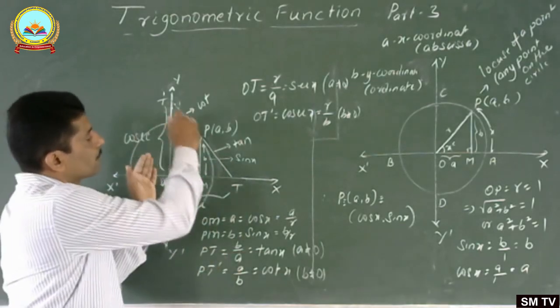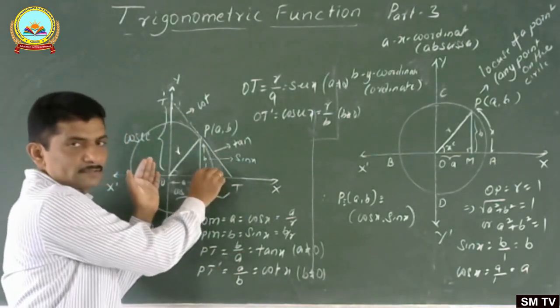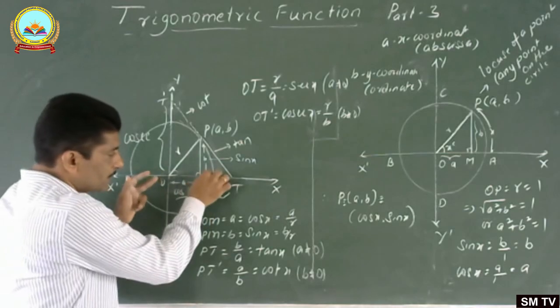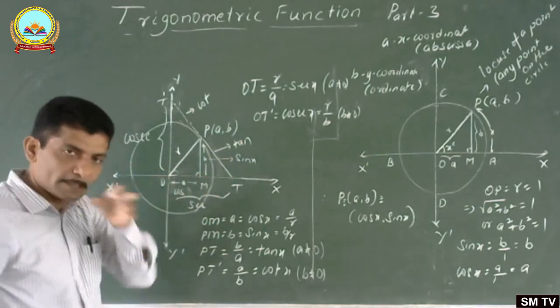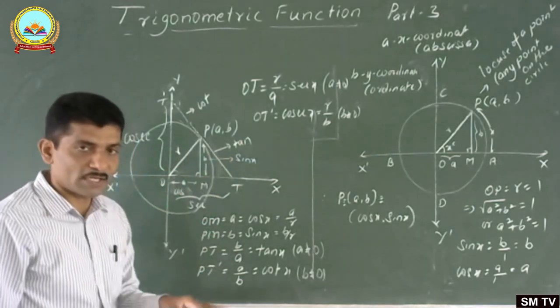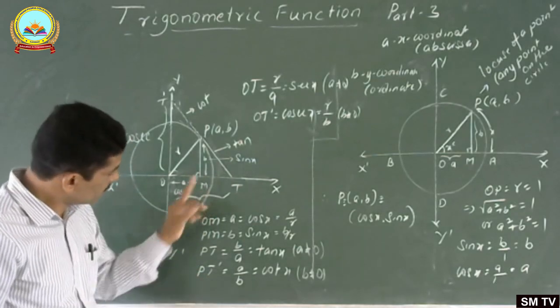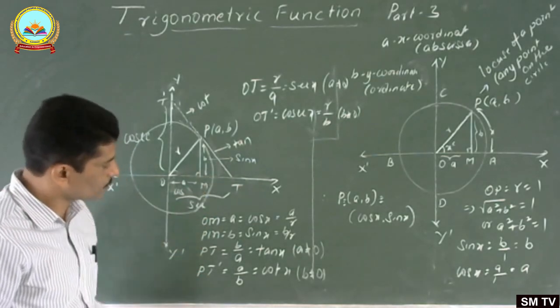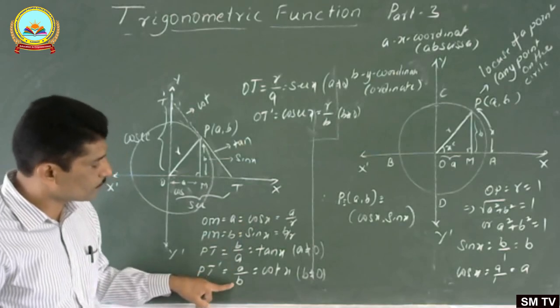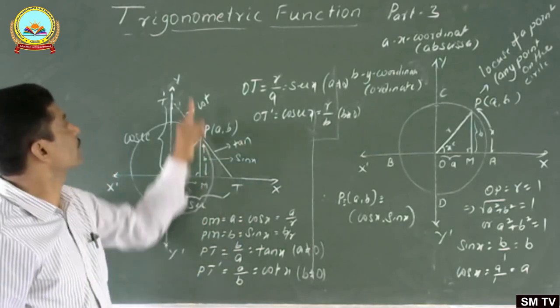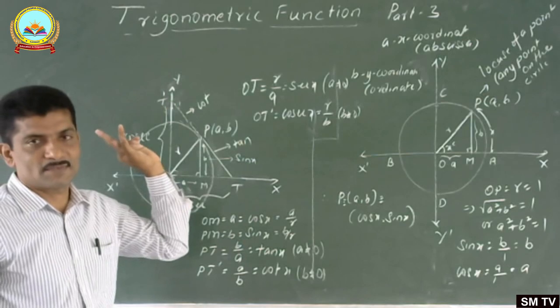Suppose you draw the tangent here, then b is equal to 0, a is equal to 1. Then b equal to 0 means cot x is not defined. The tangent does not intersect the y-axis. It's clear.